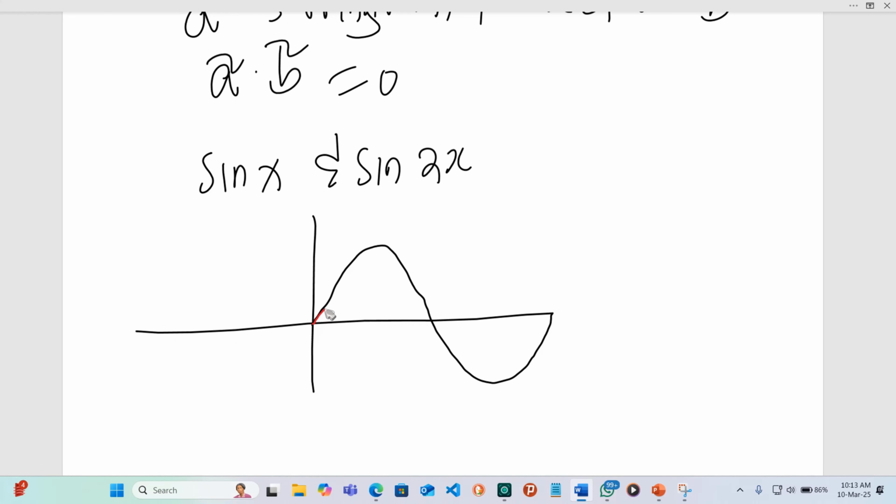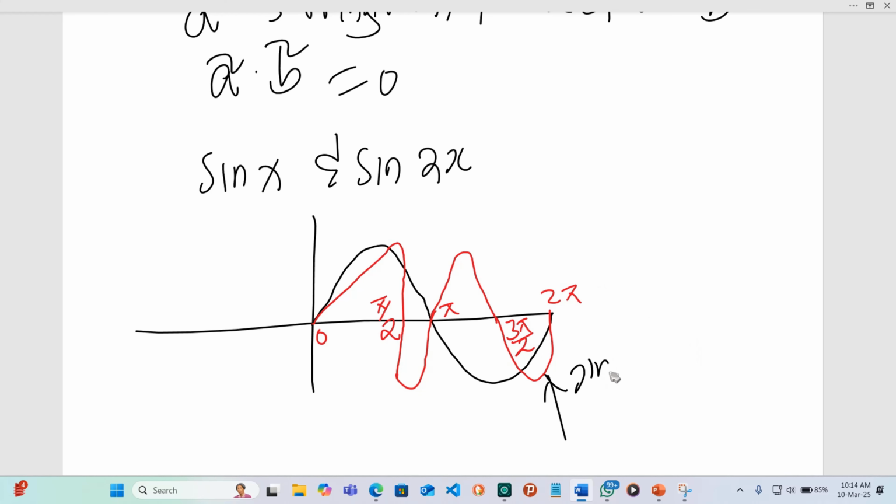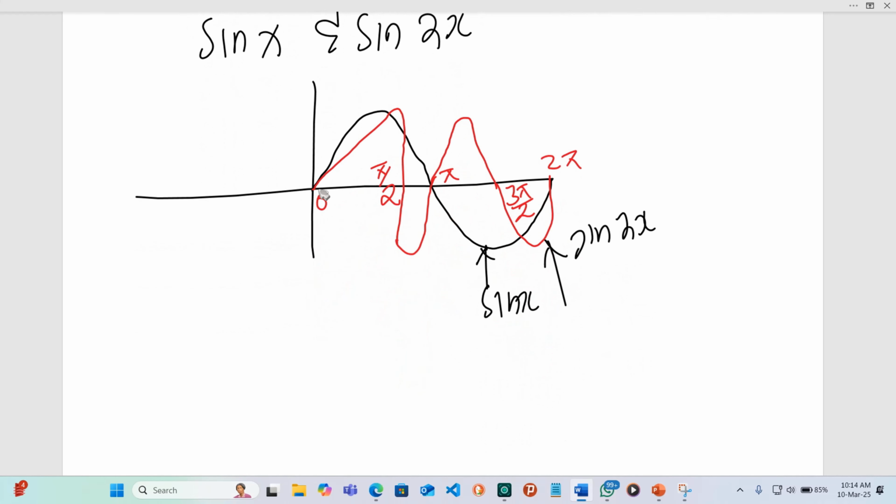So this is 0, let us say this is pi, this is 2 pi, this is half pi, this is 3 pi over 2. This is sine 2x and this is sine x. Let's look at the values of these functions over maybe one period, but we can take just a few values.